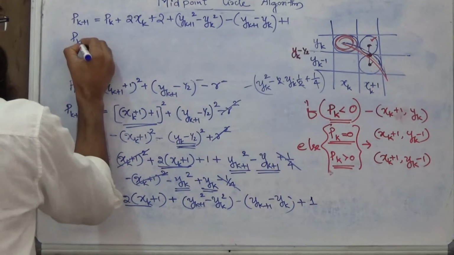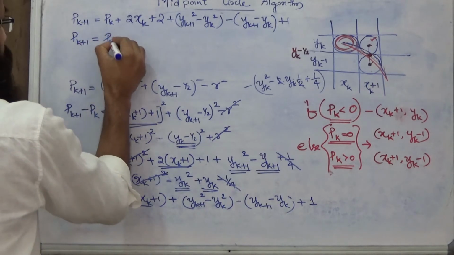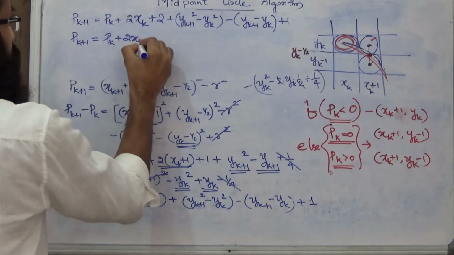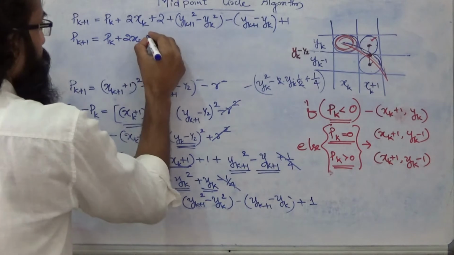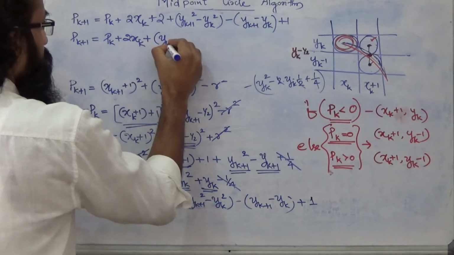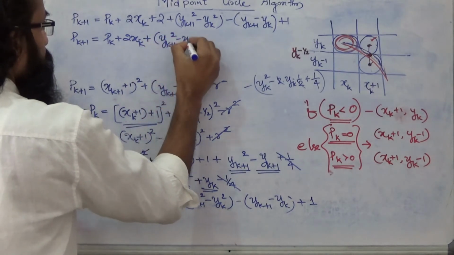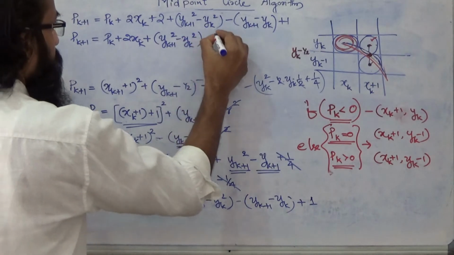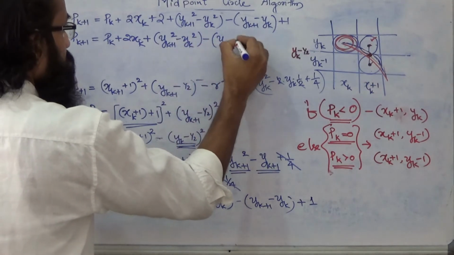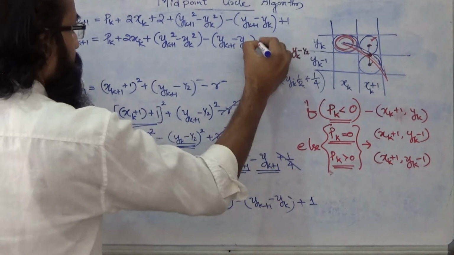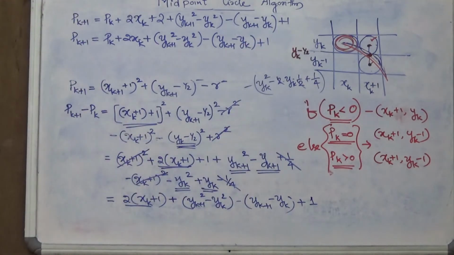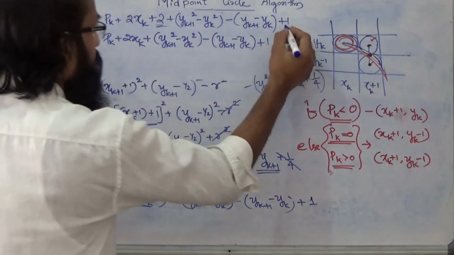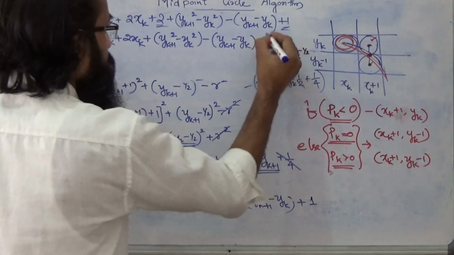So you can write this as pk+1 equal to pk plus 2xk plus (yk + 1)² minus yk² minus (yk + 1) minus yk plus, so you are taking 2 and 1 here, so you will be getting 3.